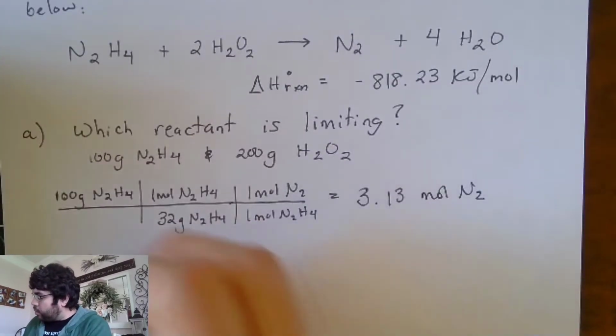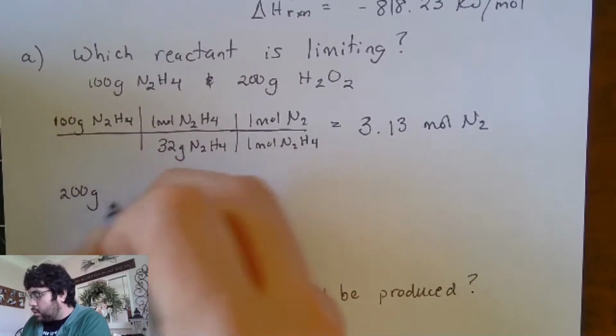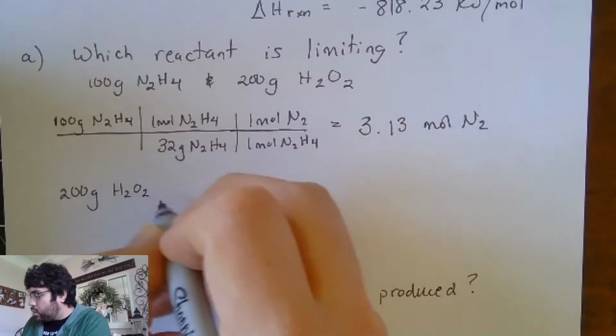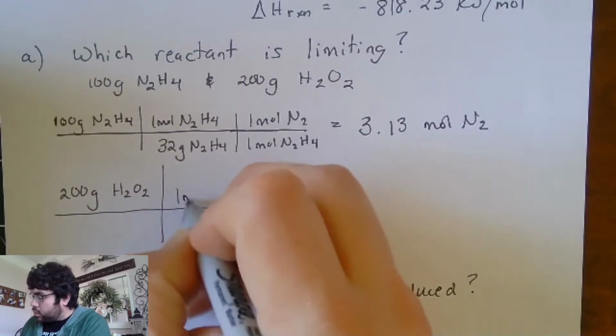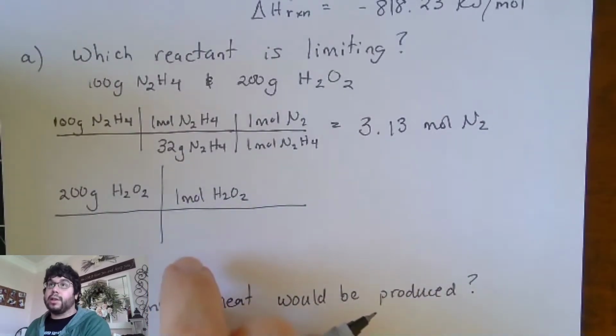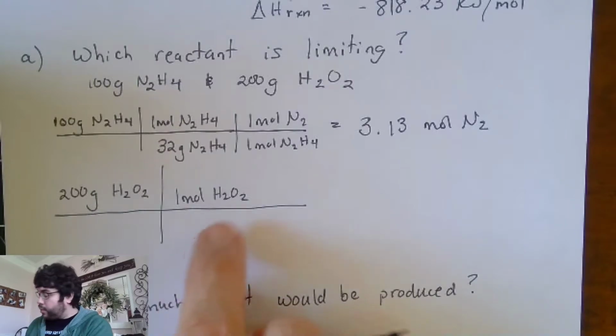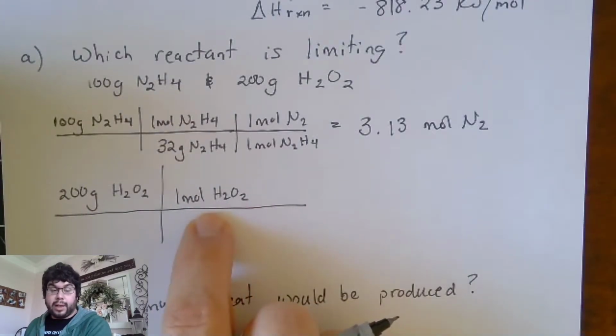And then do the same thing with the hydrogen peroxide. So 200 grams of H2O2. Convert to moles. Molar mass of hydrogen peroxide, that would be 32 for the oxygen, so 16 plus 16 is 32, and then plus another 2, 34.